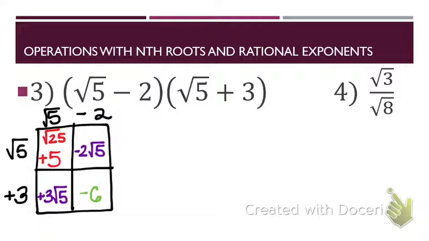So you would combine your like terms, and your like terms would be any numbers. So these are like terms. And because these both have the square root of 5 under it, see how they both have that 5?